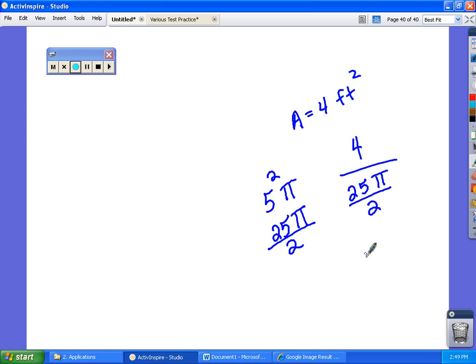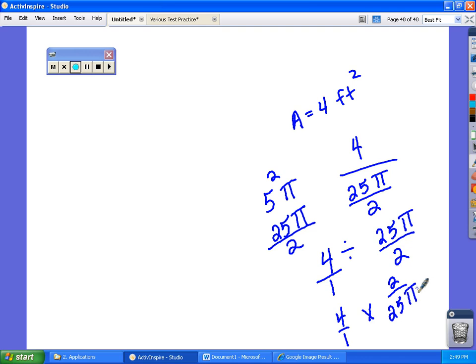Well, this is like the division problem, 4 divided by 25 pi over 2. So if I want to keep it in exact form, I'm going to say 4 over 1 times, and then I'm going to take the reciprocal, 2 over 25 pi. And you end up with 4 times 2 is 8. 1 times 25 pi, obviously, is 25 pi. So you get an exact answer of 8 over 25 pi.